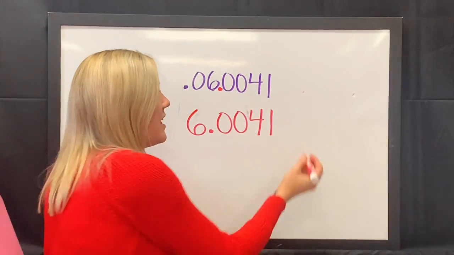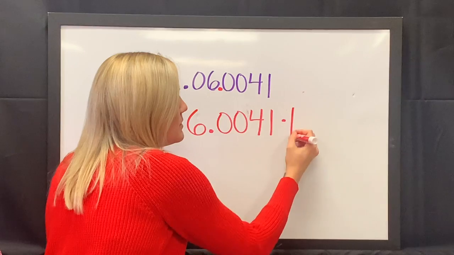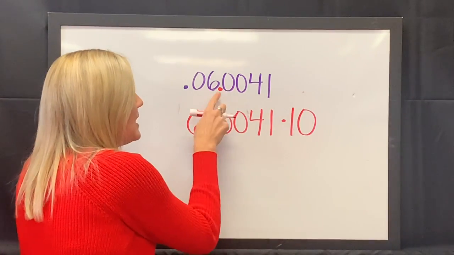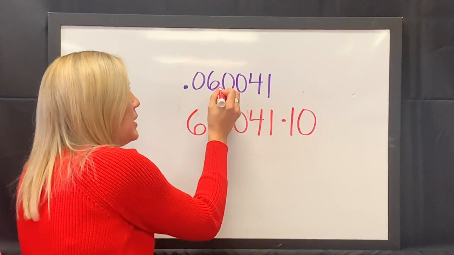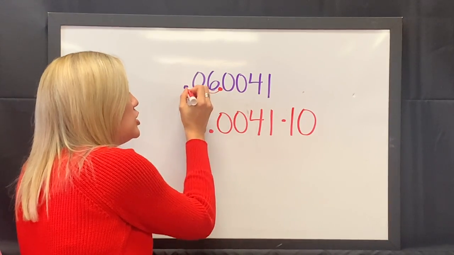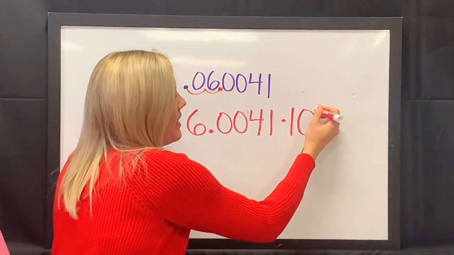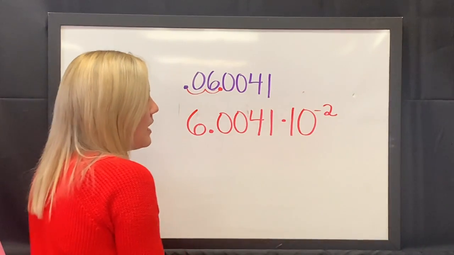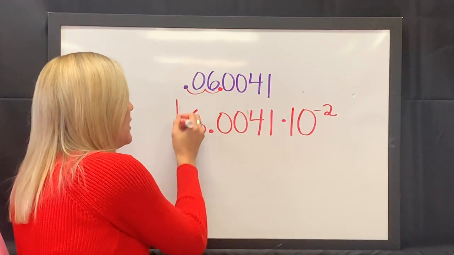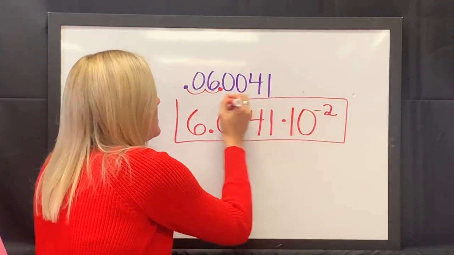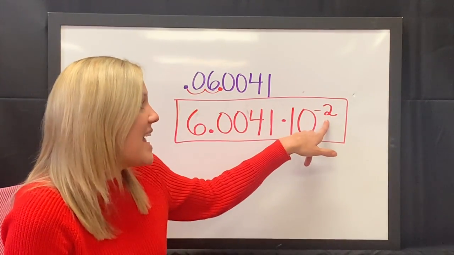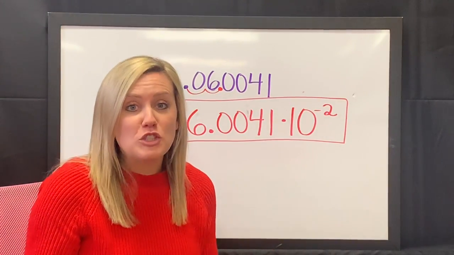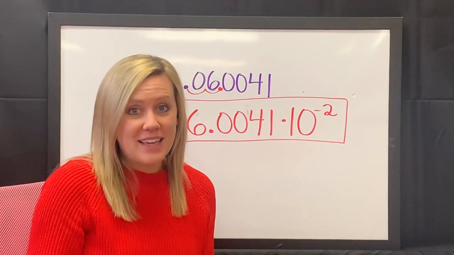Then I want you to think, how many times would I divide by 10 to get back to the original? And we would divide 1, 2 times. And that's where this -2 is going to come from. So I know this was a lot of information at once, but if you could just remember, a negative exponent up there actually means divide.